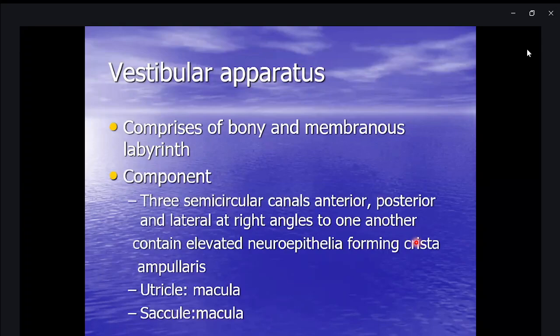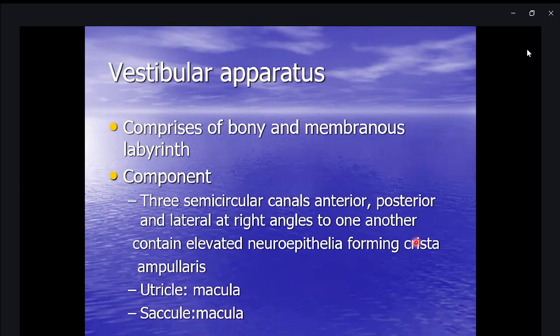We have the three semicircular canals: anterior, posterior, and lateral. And all these are at right angles to each other. So they define the axes, the horizontal axis, the vertical axis, the frontal axis. So that's what we have as the semicircular canals.